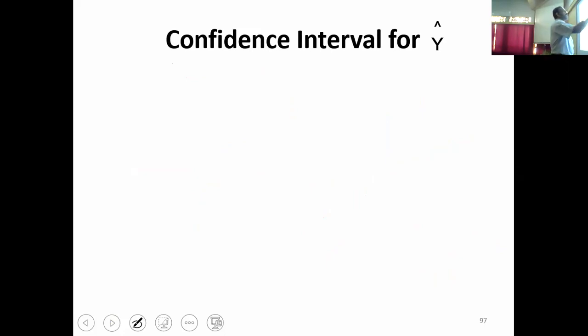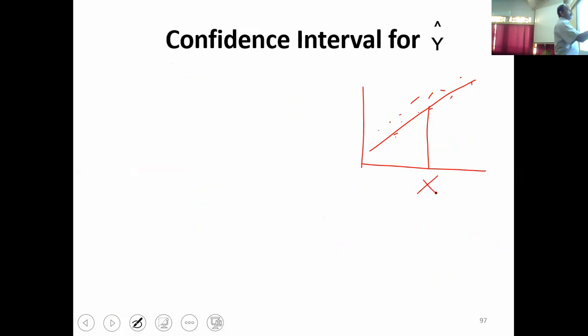When you talk about confidence interval, let's say this is the predicted line. So let's say this is x bar and this is y bar.